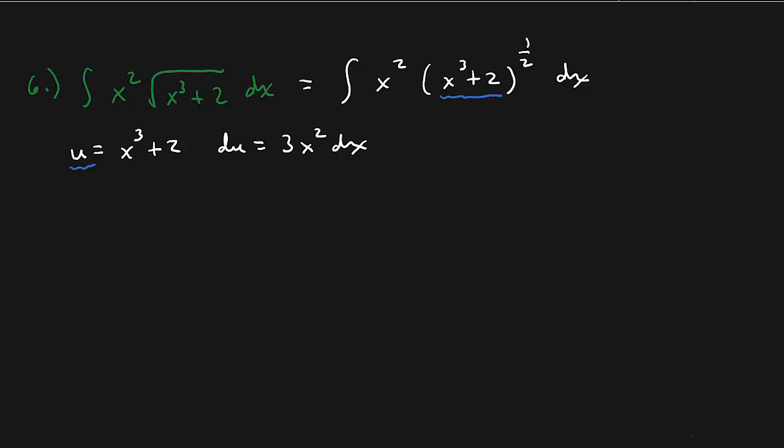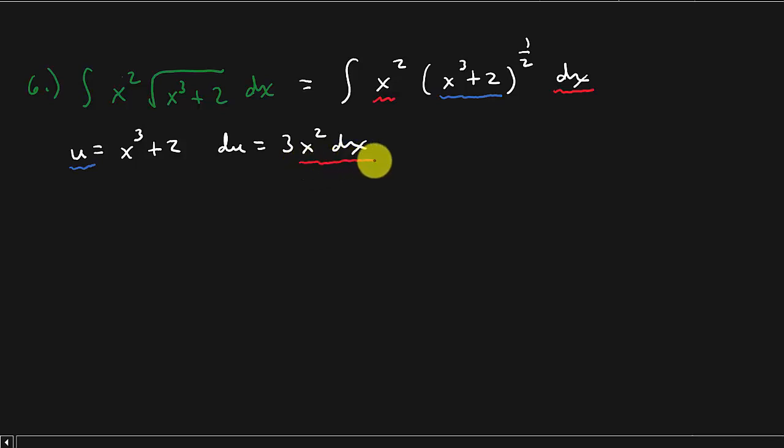But let's look at this. I've got x squared dx. And look at this. There's x squared dx. I'm missing the 3. You see that? It would be real nice if I had a 3 right here. And then it would match exactly, and then I could replace all of that with du.